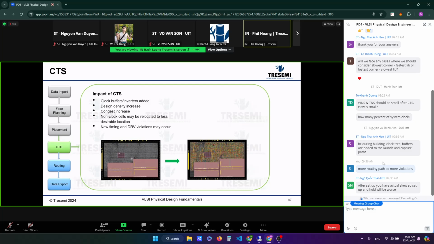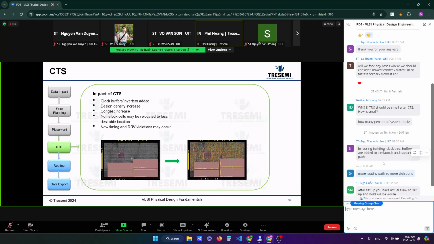After the clock trees are built, some of the skews might be better, some might be worse. So it's not entirely accurate when we say setup and hold will be worse. It can be worse in certain paths, and generally it will be worse depending on how aggressive you set the skew before CTS. But it can be better in some cases.